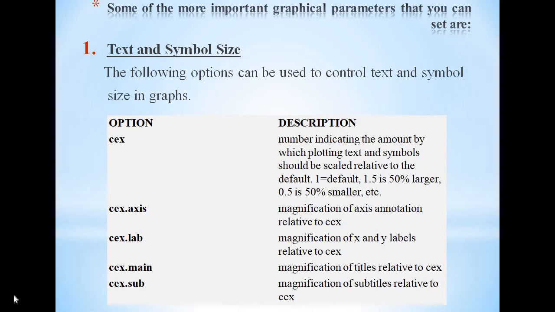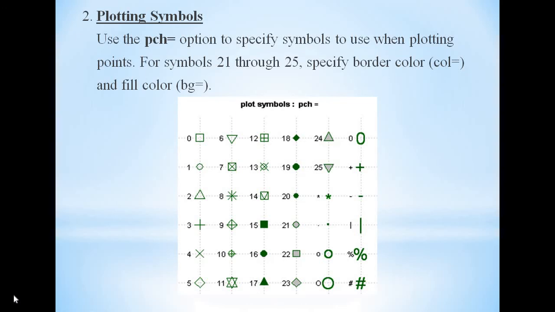For example, CEX.main gives the magnification of titles. That means it magnifies the title of the graph. Another one is CEX.sub. It helps to magnify the subtitles of the graph. For plotting symbols, you can use PCH equal to option.